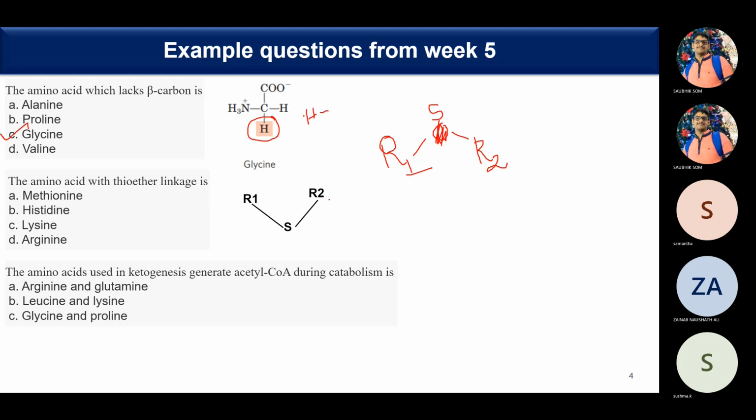Now, which two amino acids have sulfur in their side chain?